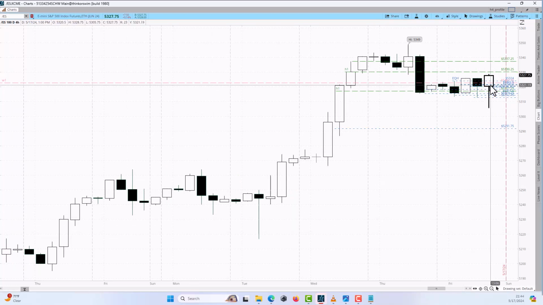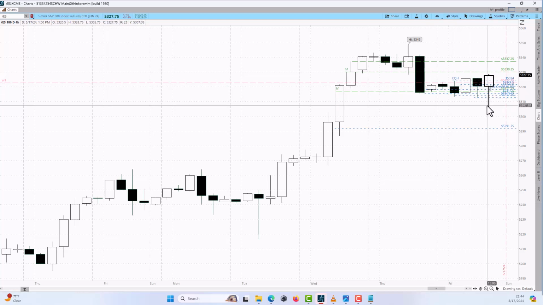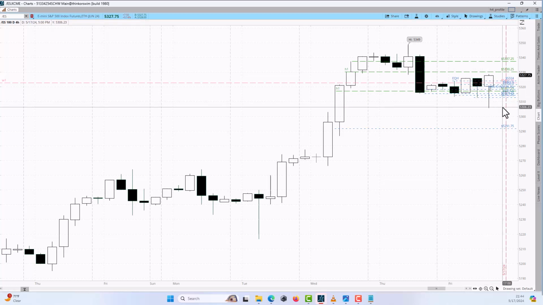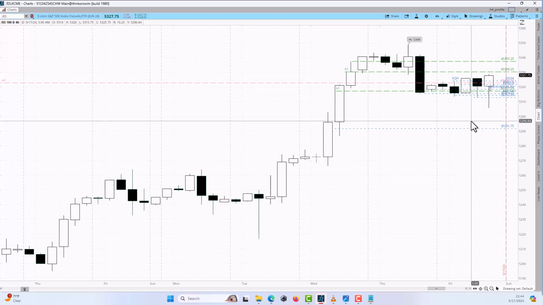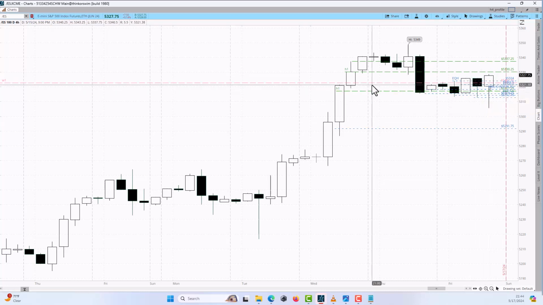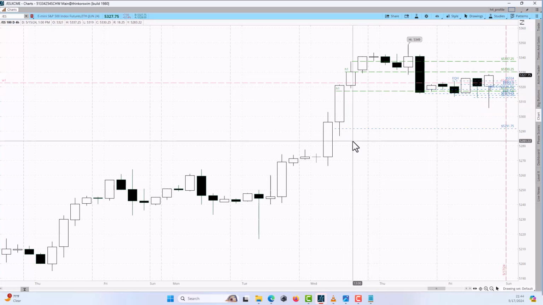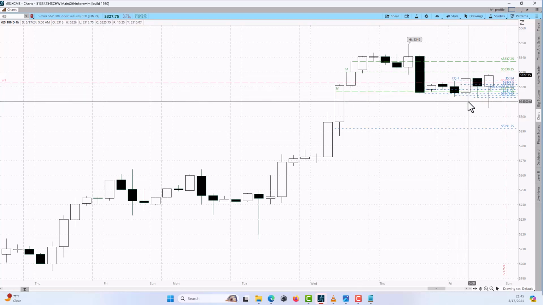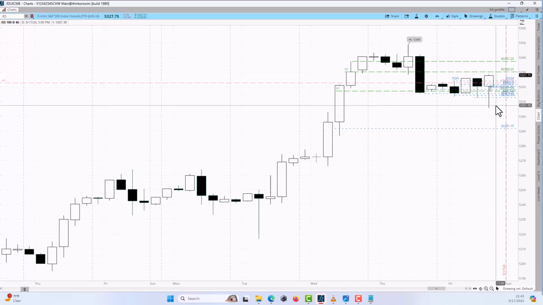But up until now, we still don't know, even though after a huge, you can say double sweep of sell side liquidity, it reversed. But if we try to find where it draws on liquidity, it's not quite sure. So that's the reason why today is kind of a range.